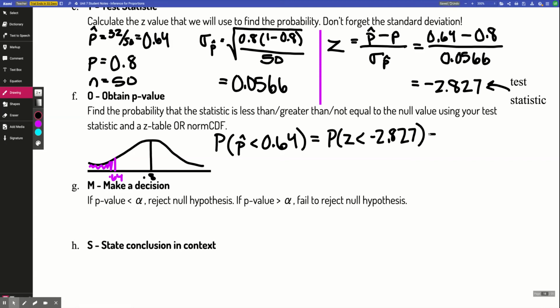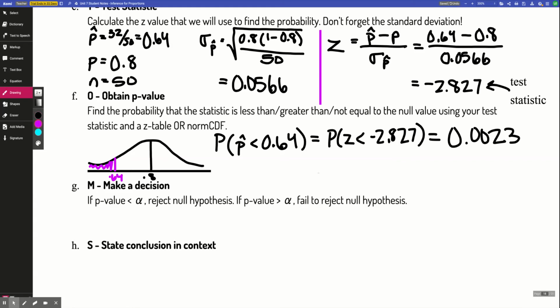Then I plugged that into my calculator. I used norm CDF, and I got 0.0023. You could use the Z table and you would get something very similar to this, if not exactly this value.